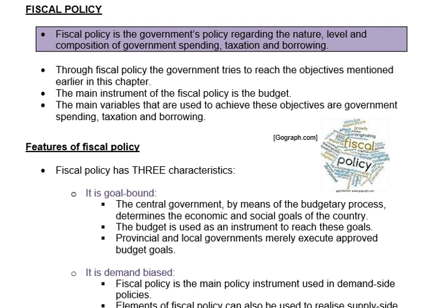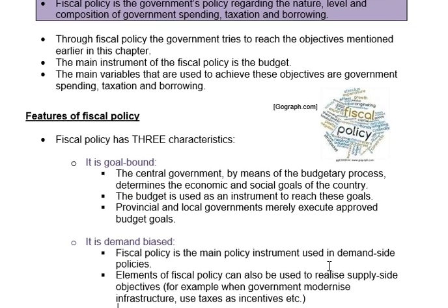Right, the main variables, the instruments that are part of their fiscal policy, and those instruments that they can play with in order to reach their objectives will obviously be their government spending, the taxation, and their borrowing, public debt.